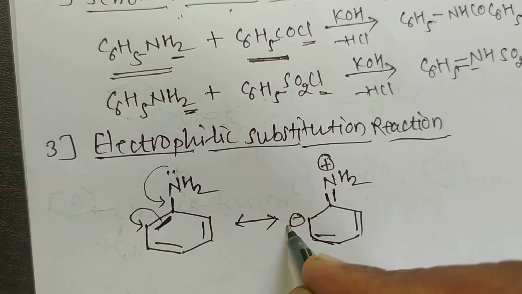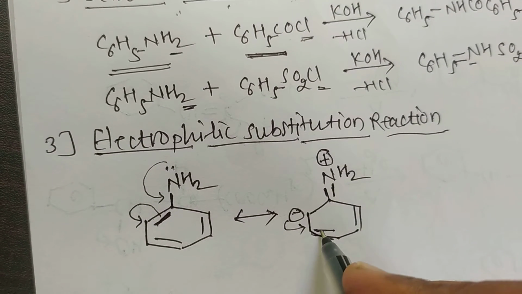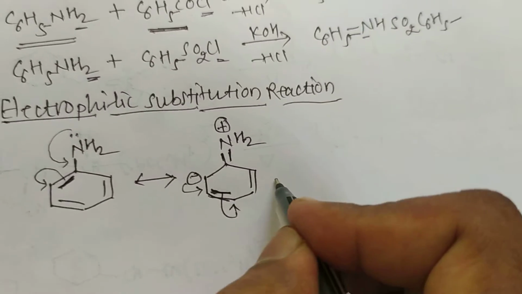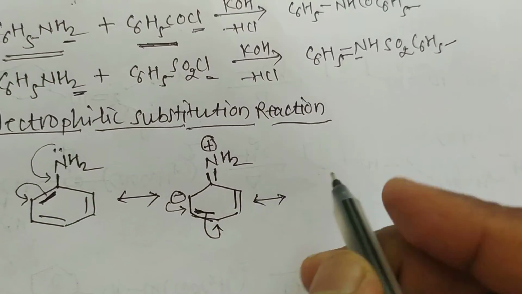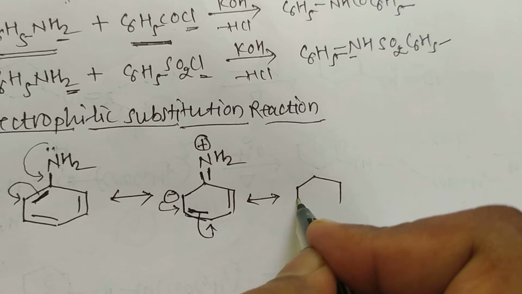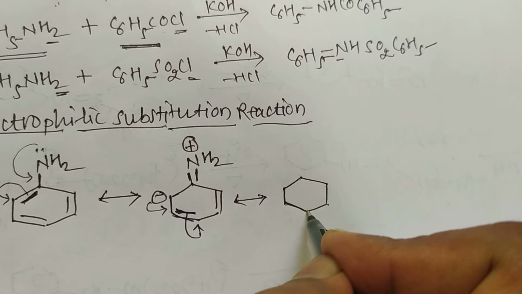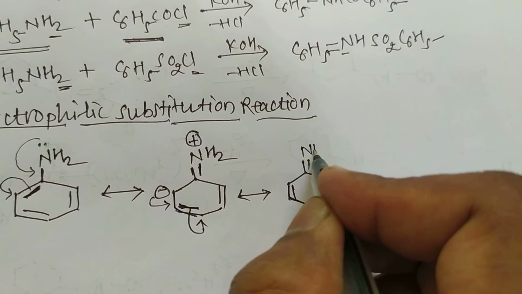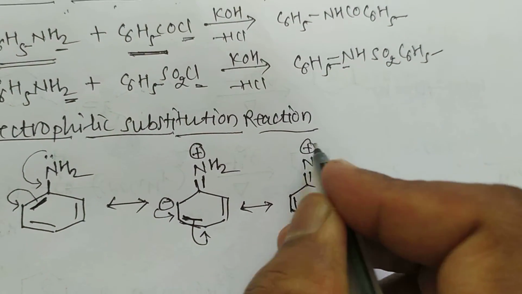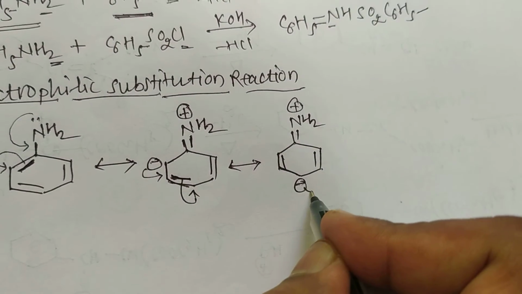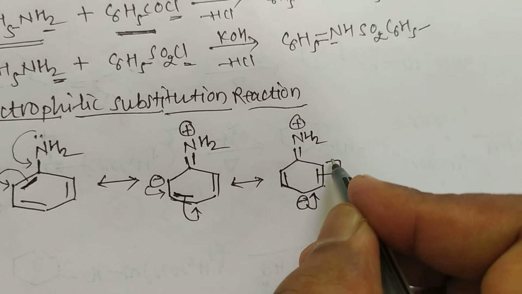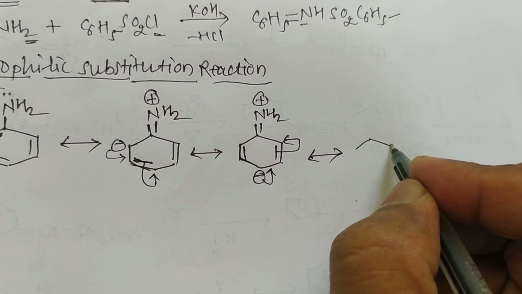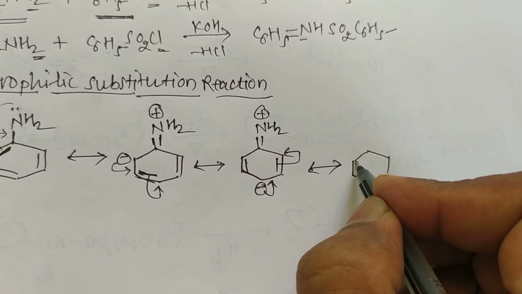Again when this lone pair of electrons or negative charge is delocalized, then the negative charge or shifting of electrons takes place on the para position. Means here double bond NH2 and here negative charge, and again when it is delocalized, the electron is shifted to the ortho position.